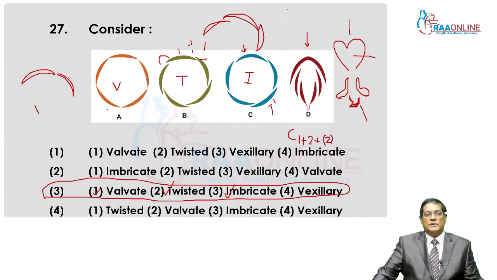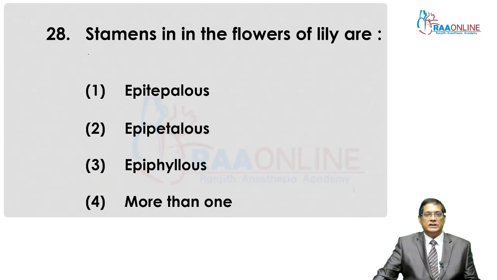The last type of estivation is seen in the members of the Fabaceae family. This was the 27th question.